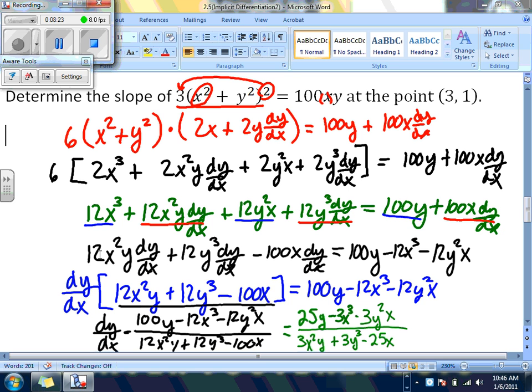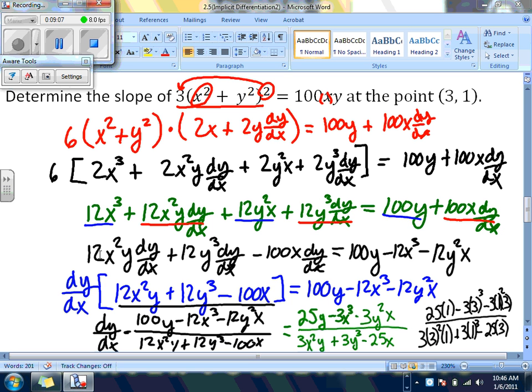So when I plug 1 in for y and 3 in for x, I'll have 25 times 1 minus 3 times 3 cubed minus 3 times 1 squared times 3, all over 3 times 3 squared times 1 plus 3 times 1 cubed minus 25 times 3.